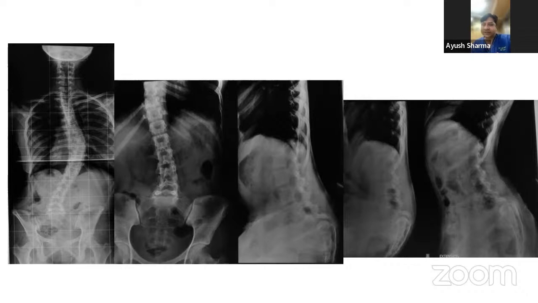So for all the reasons, I will go with the listhesis reduction, and there's a good chance that will take care of the scoli as well. It is the listhesis which is leading to the curve which we are seeing. So for sure, I will tackle the listhesis first.